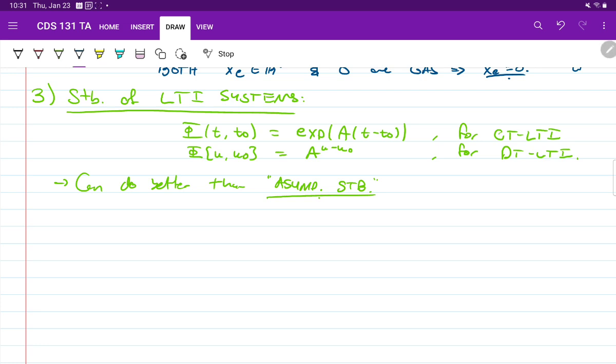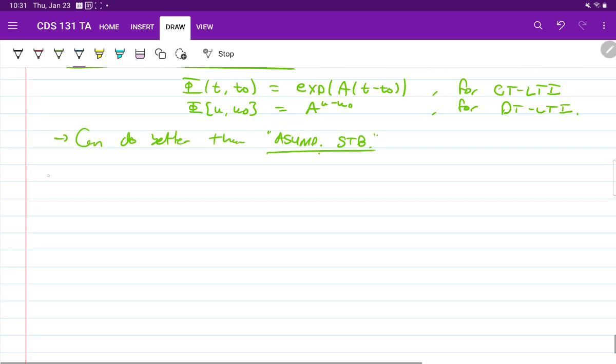So what we're going to do now is set out a definition for exponential stability, all right? Definition, exponential stability. Now, once again, I'm going to state this definition for a general system. It doesn't have to be linear time-invariant, or a discrete time or continuous time system. It's just going to be some arbitrary dynamical system, right?